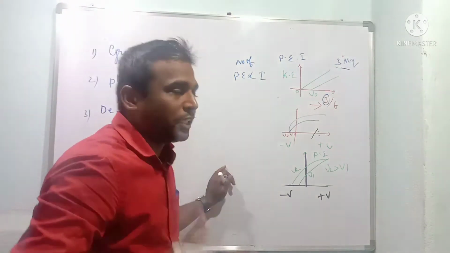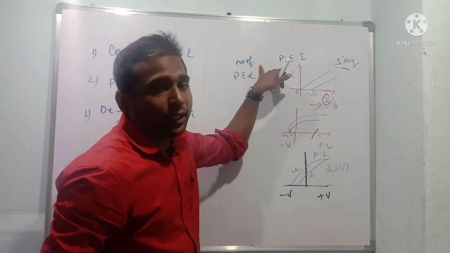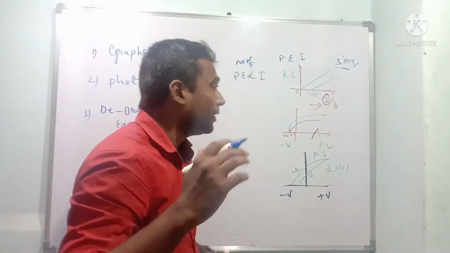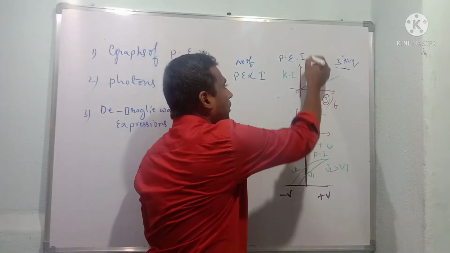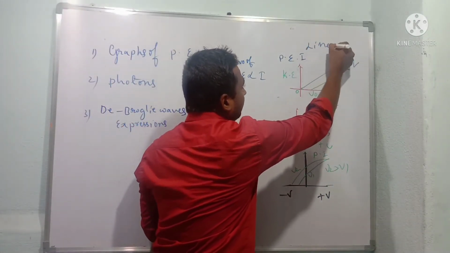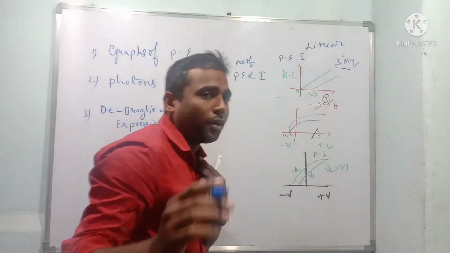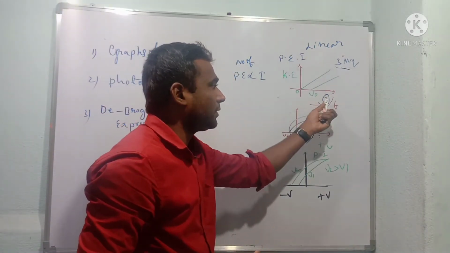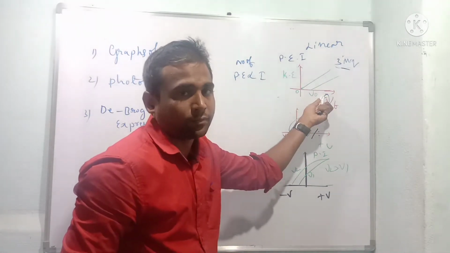So for a fixed frequency, the number of photoelectrons is directly proportional to the intensity of radiation. Hence the graph will be a linear graph when you plot photoelectric current versus intensity of light.